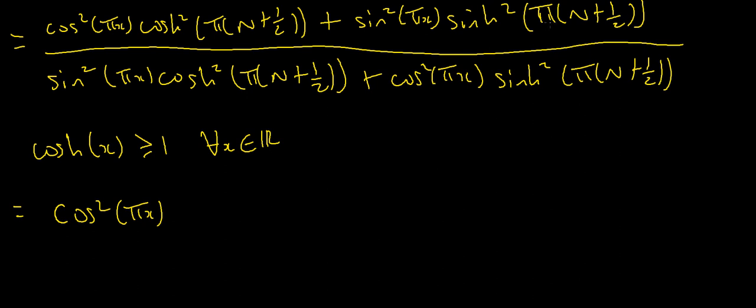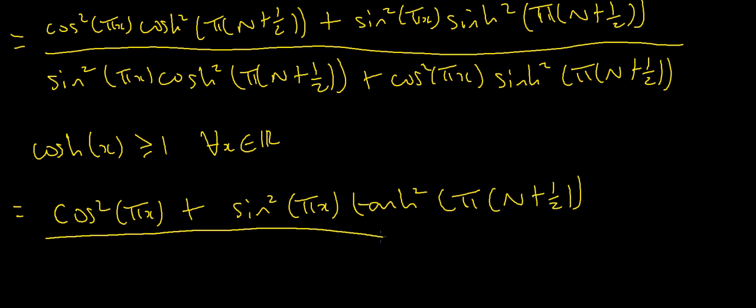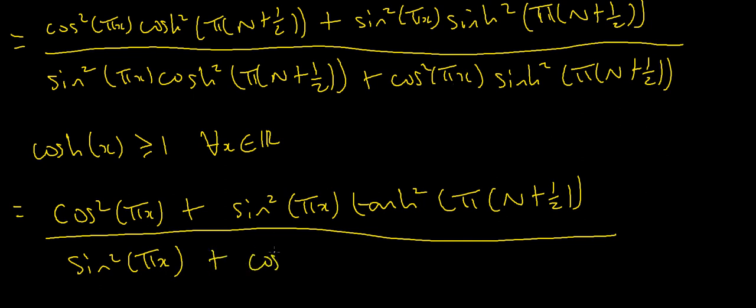Here I'm going to have sinh over cosh, which is tanh, or hyperbolic tangent. So that's going to be plus sine squared pi x tanh squared pi times n plus a half, all divided by, well, this is going to be 1, so this is going to be sine squared pi x plus cos squared pi x tanh squared pi times n plus a half.